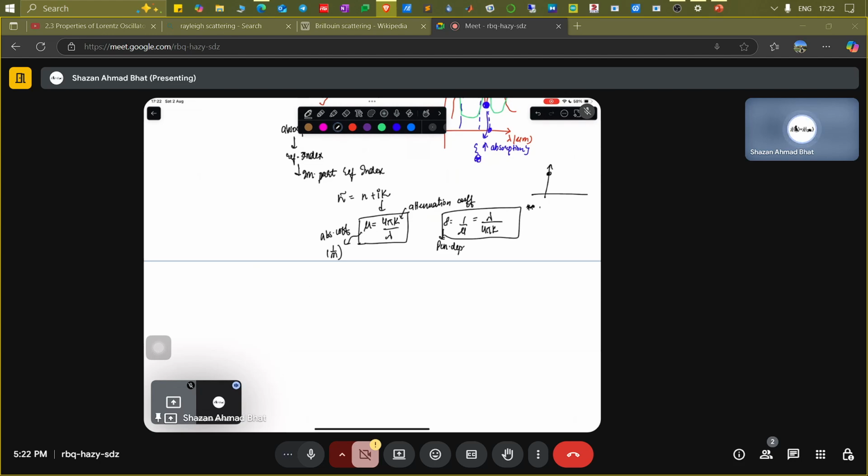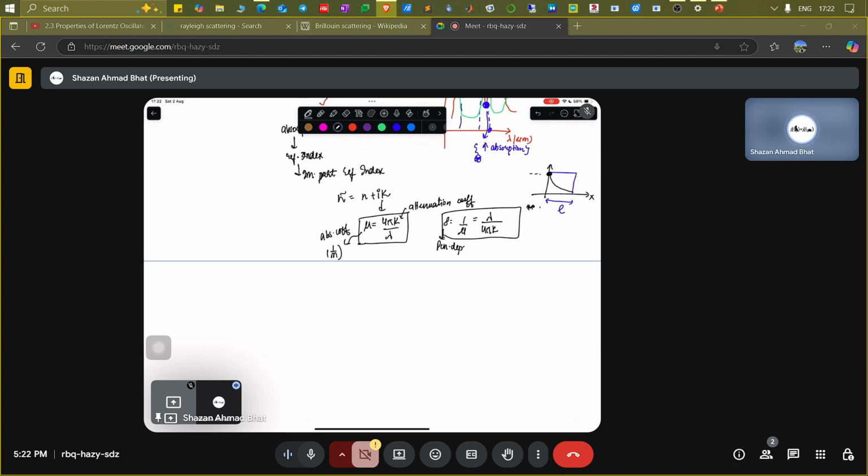Let's say, for example, this is the medium, and it has a length of L, and this is the x direction. If the electromagnetic wave comes, it decays and decays.